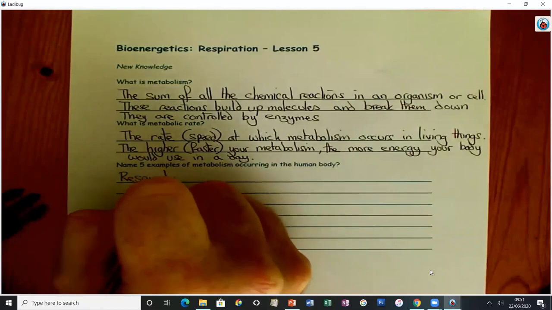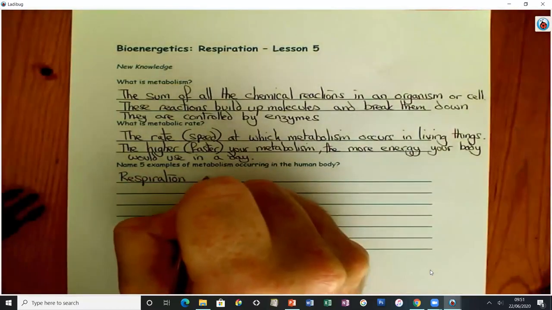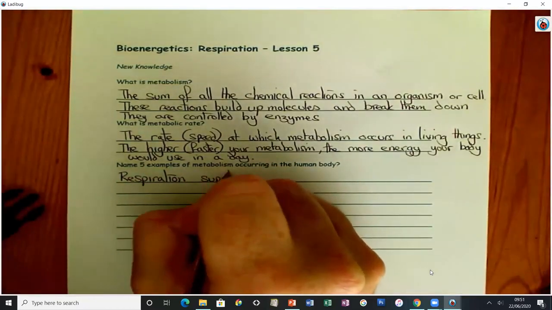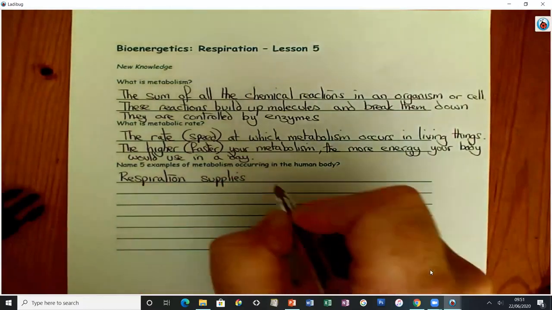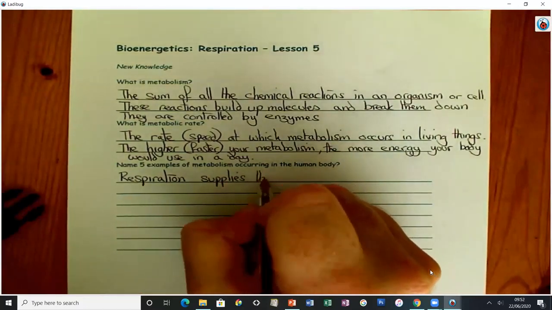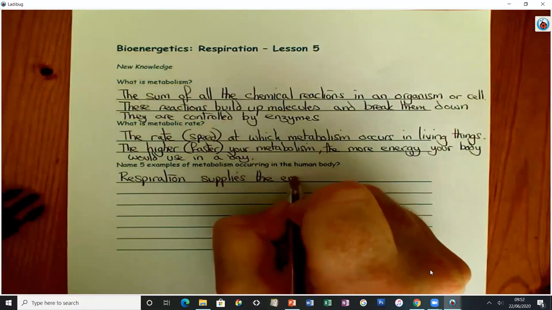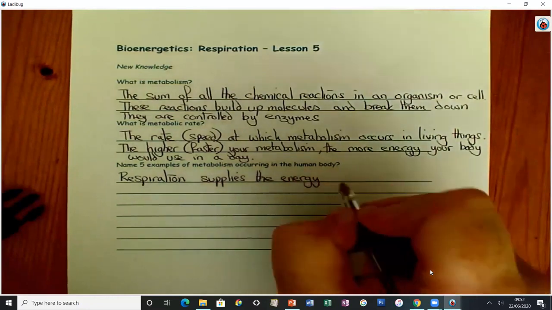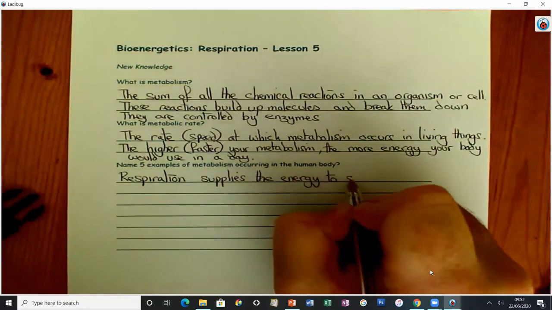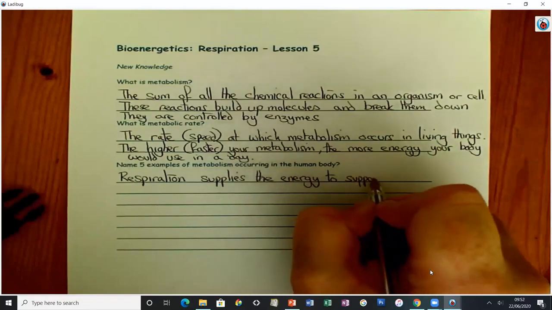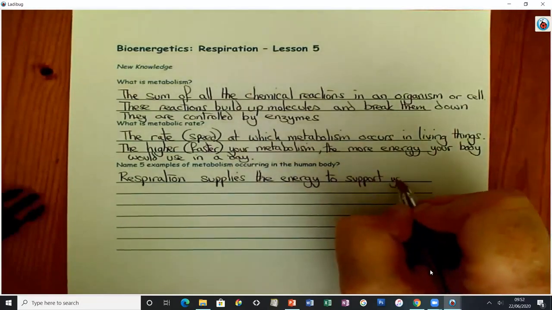Respiration supplies the energy to support your metabolism.